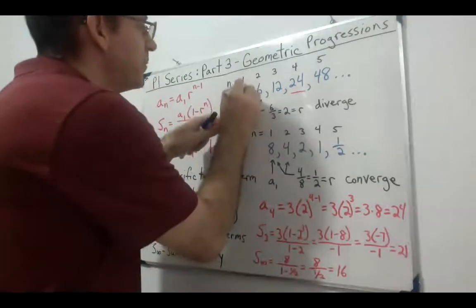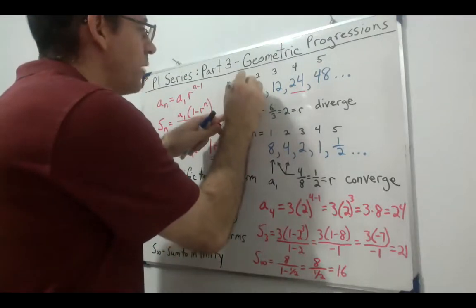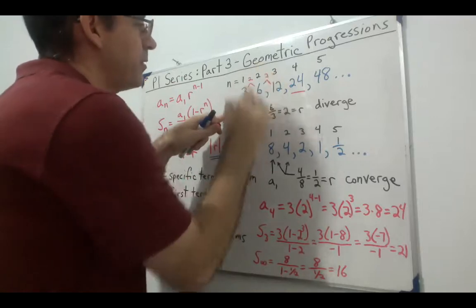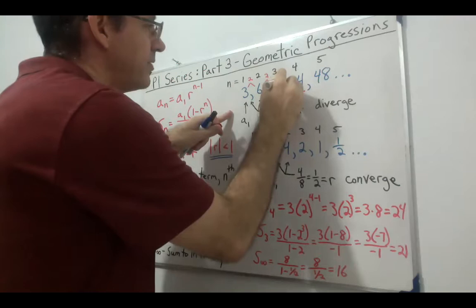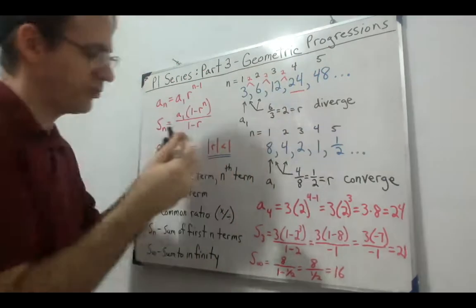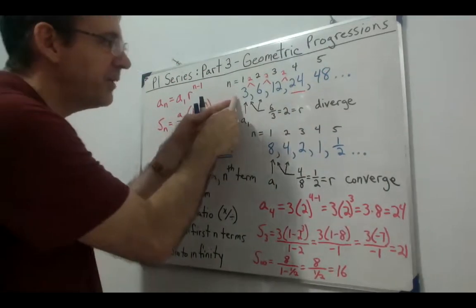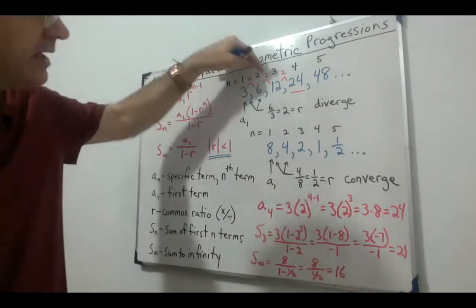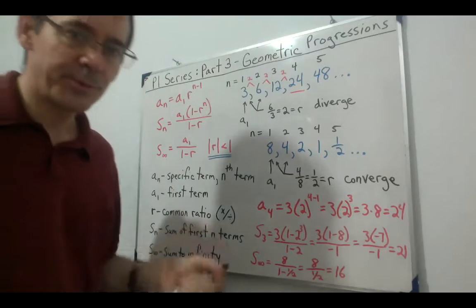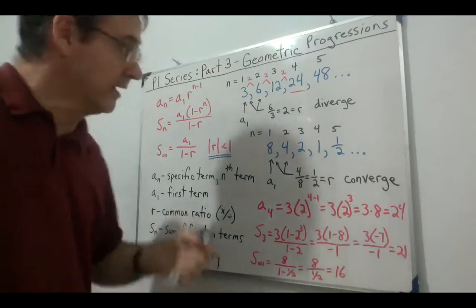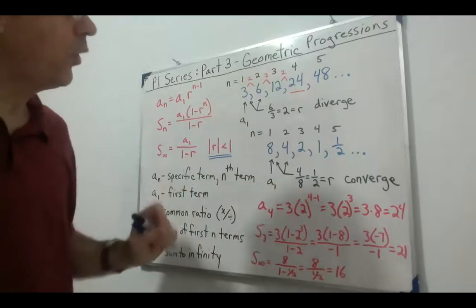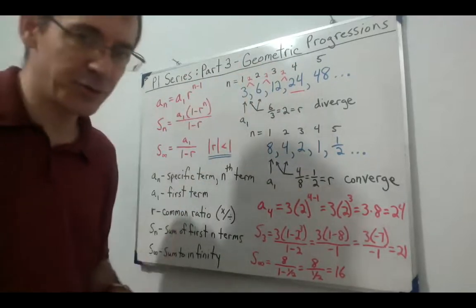Well, notice between 3 and 6 is one multiple of 2, between 6 and 12 is another multiple of 2, and between 12 and 24 is another multiple of 2. So from the first term until the fourth term, there are 3 multiples of 2. So that means we need to take n minus 1 factors of 2.